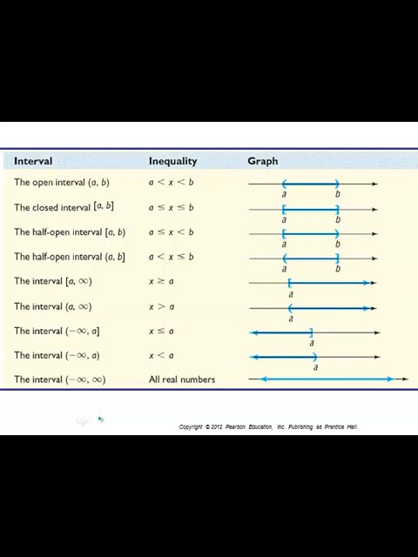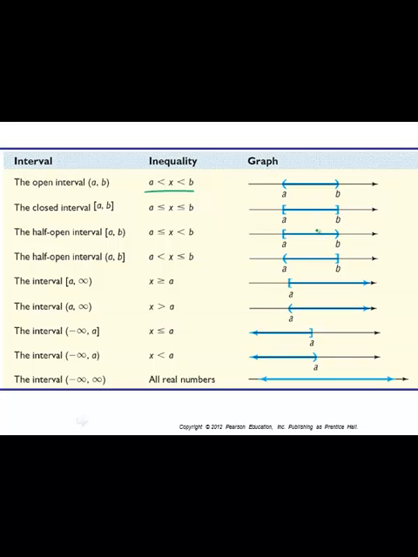We oftentimes will like to graph our intervals using a real number line. If we want to graph the set of numbers greater than A but less than B, then we could do that by locating A, locating B, and then placing opening and closing parentheses on A and B like you see here, and then shading that portion of the real number line between A and B. Here's the closed interval from A to B with the little square brackets on A and B respectively.